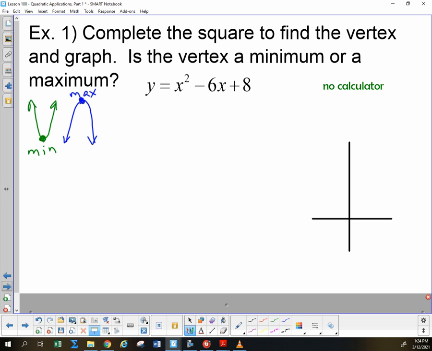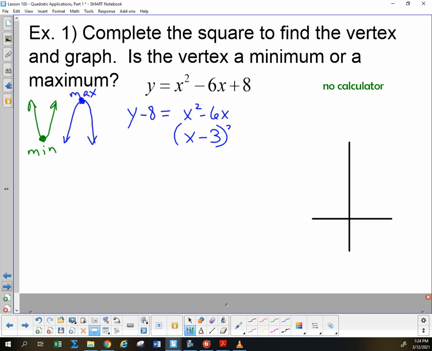So let's review what we worked on in lesson 100b, where we need to complete the square to be able to do this graph. We begin by keeping the x's on one side, so the x squared minus 6x, and everything else goes on the left. So we have y minus 8. We take half of that minus 6, which is minus 3, and we have x minus 3.